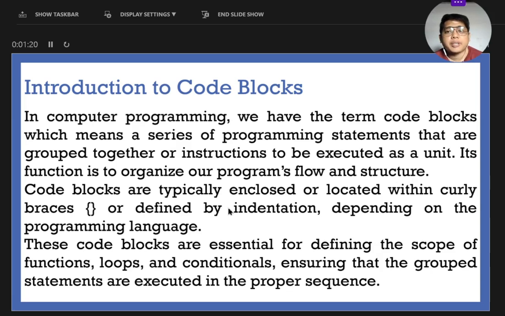Code blocks are typically enclosed within curly braces, or defined by indentation, depending on the programming language. These code blocks are essential for defining the scope of functions, loops, and conditionals, ensuring that the grouped statements are executed in the proper sequence.